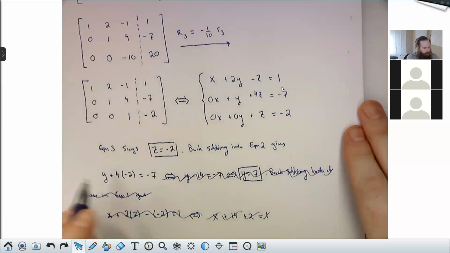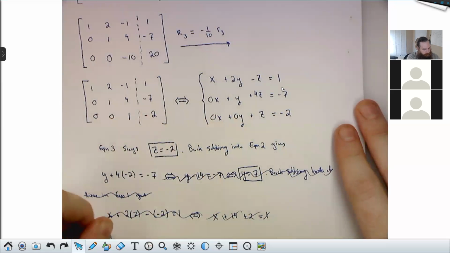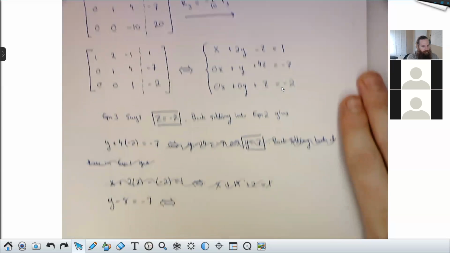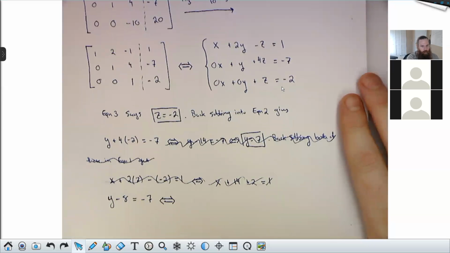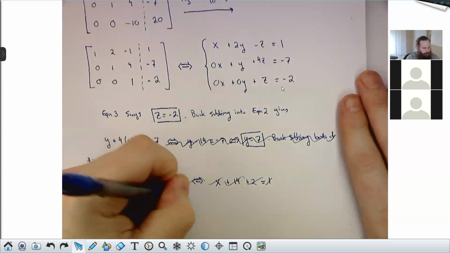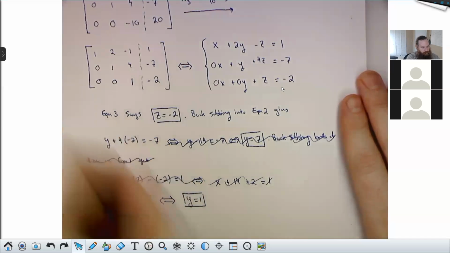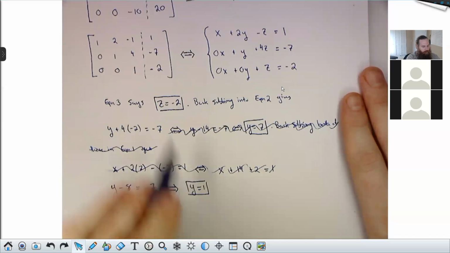Yeah, this should be y minus 8 equals -7. Sorry. Thank you for correcting me just before it hurt us. So now we add the 8, right? And we'll get y equals 1. Thank you, thank you. So y is 1, z is -2.